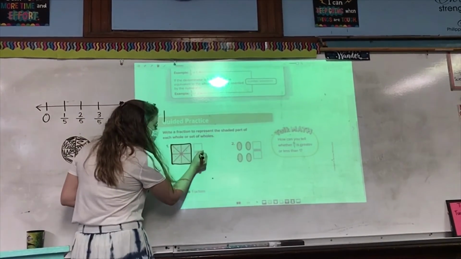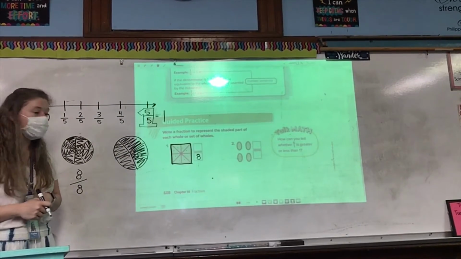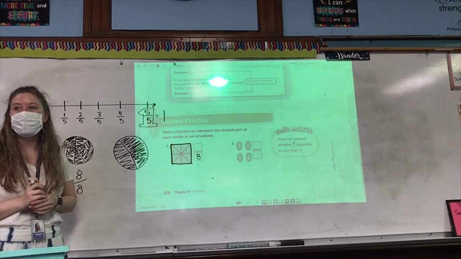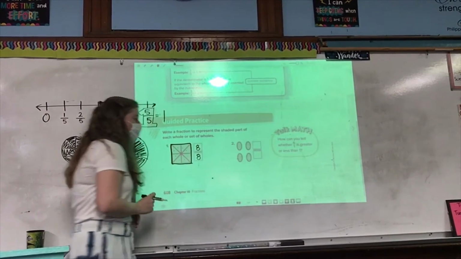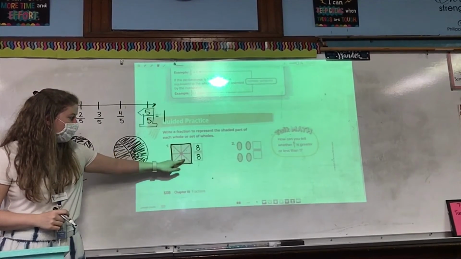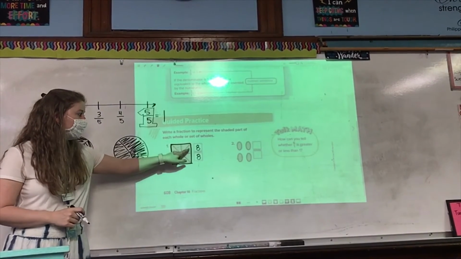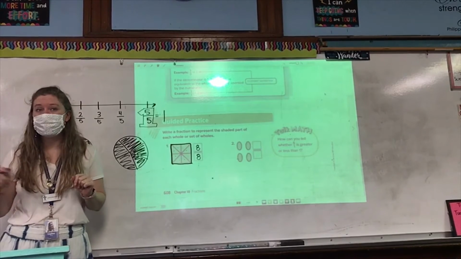So our one whole is partitioned or broken up into 8 pieces. How many of those 8 pieces are shaded, Victoria? 8. So we know 1, 2, 3, 4, 5, 6, 7, 8 out of 8 pieces are shaded.